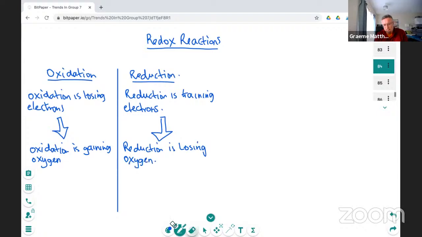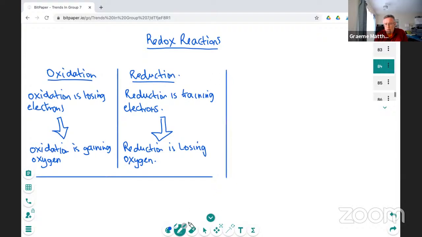Another thing we need to do when having a look at definitions is to ask, what exactly do we mean by oxidation state?